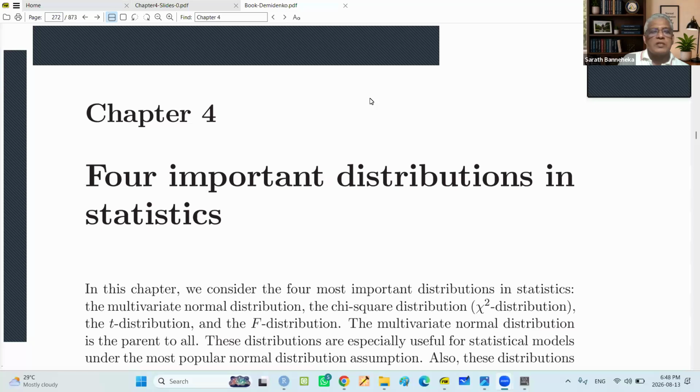But before we start the discussion on those four distributions, there are some prerequisites. So therefore, I'm going to first complete those prerequisites.